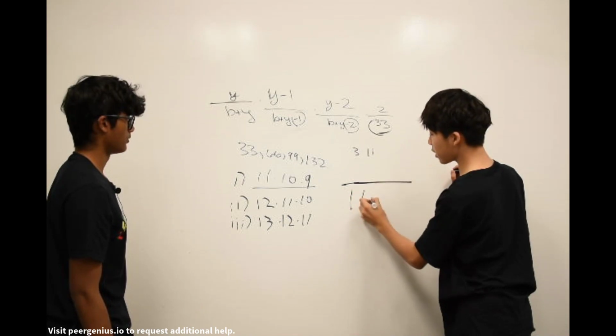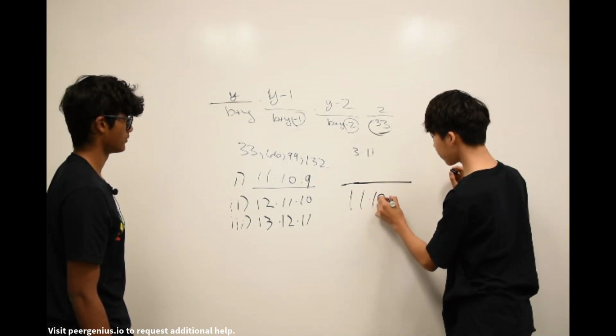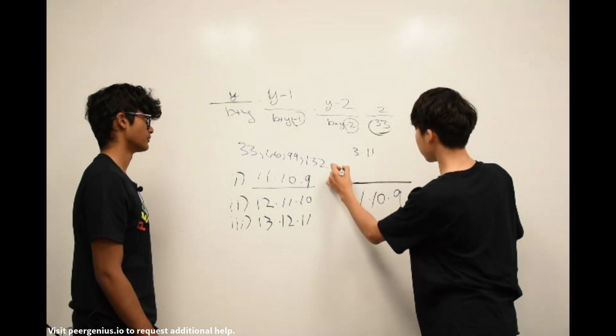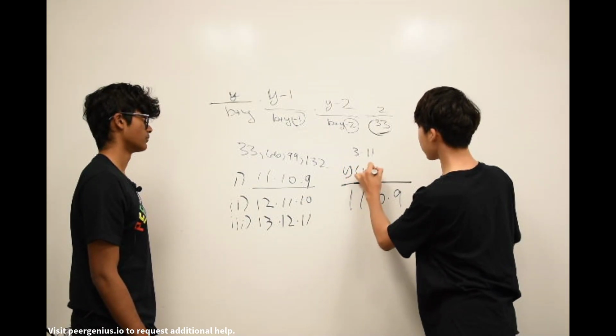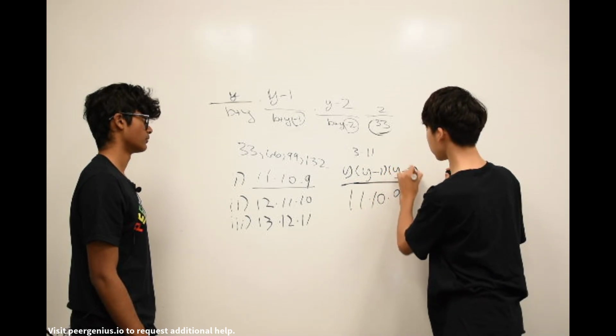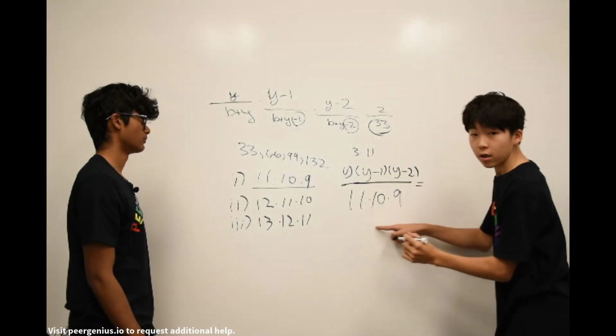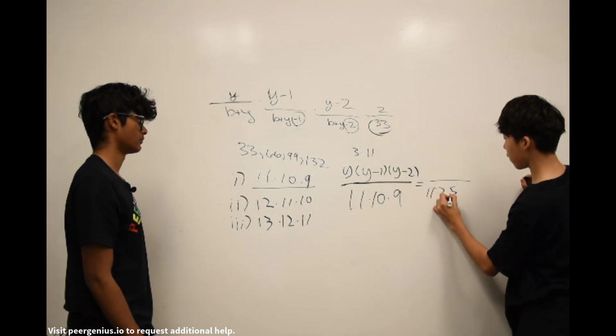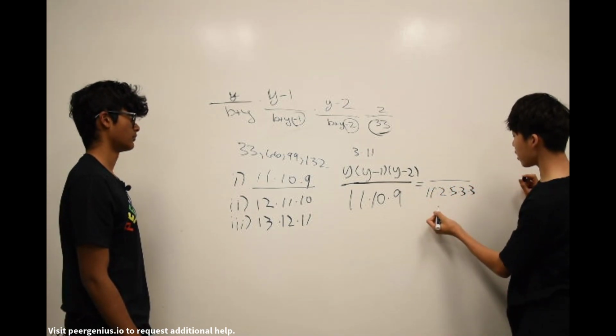That means the denominator is going to be 11 times 10 times 9, and the numerator is still going to be y times y minus 1 times y minus 2, but the denominator here is 11 times 2 times 5 times 3 times 3.